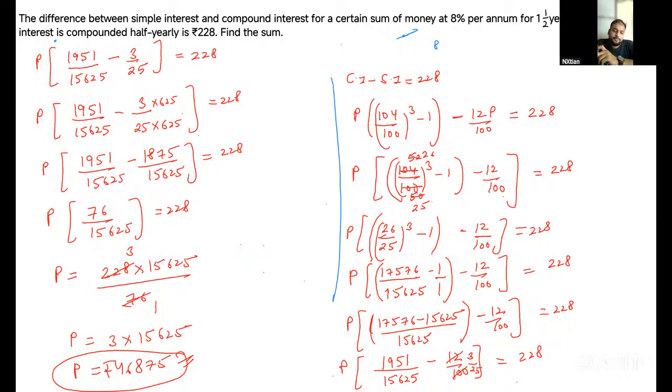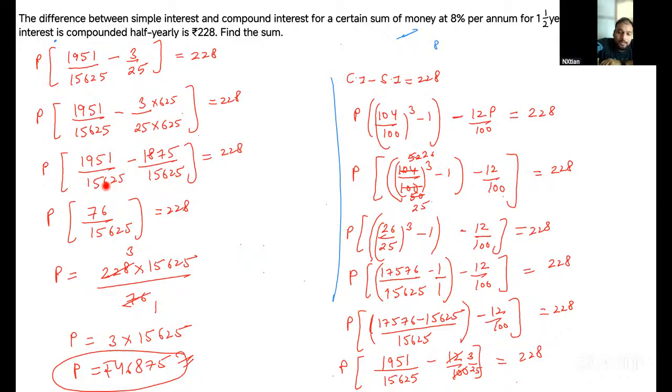Okay, done? Did you understand, guys? Yes, please, Joshua. Why did you multiply 625? Because I know that this is 15625. This is 25. And if I multiply 25 into 625, I will get the same. So I multiply 625 down and 625 up to make the denominator the same.